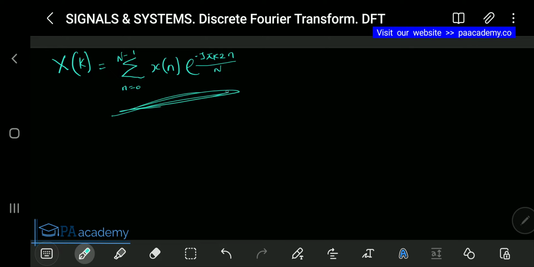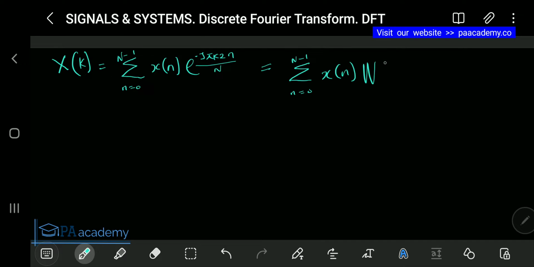Although this is the formula that we're going to be using, you might come across another formula looking like this, which can also be rewritten as the summation of n equals 0 to capital N minus 1 of x of n, then W to the power kn, with capital N. However, for this we are going to be making use of the first one.